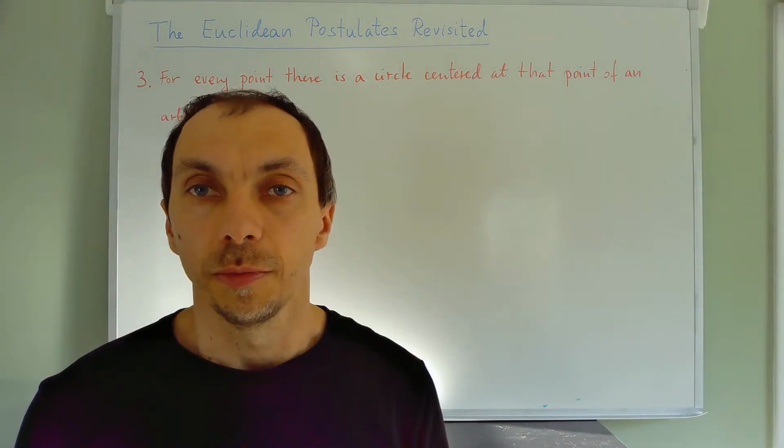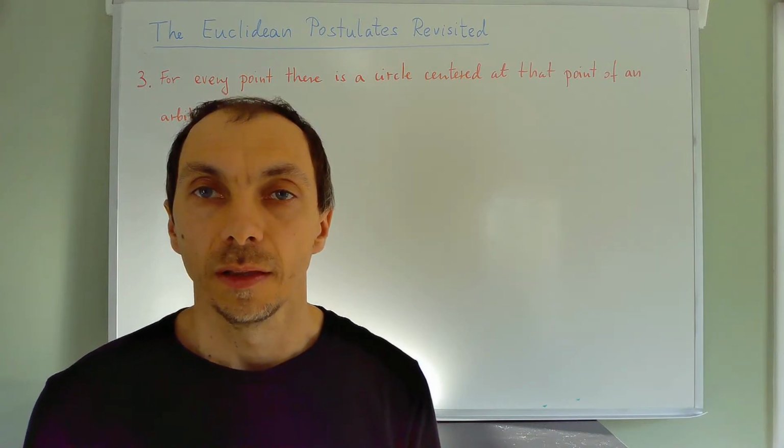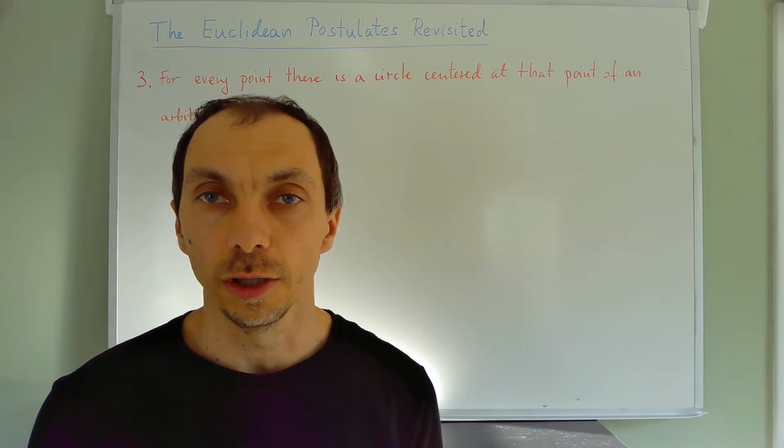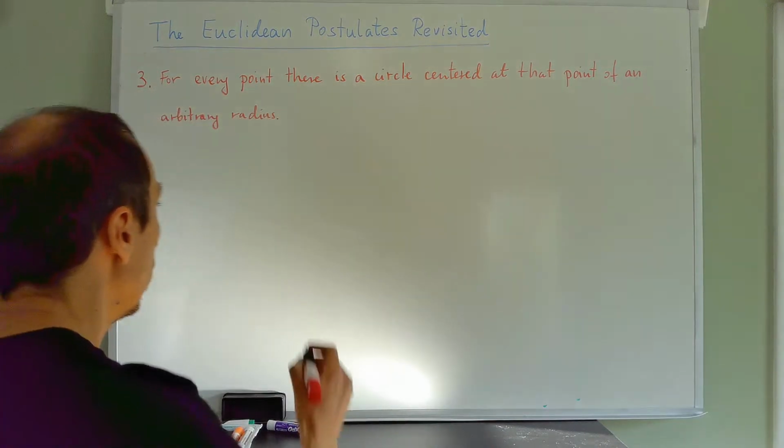So we already know from the previous lecture that hyperbolic circles are the same as Euclidean circles.